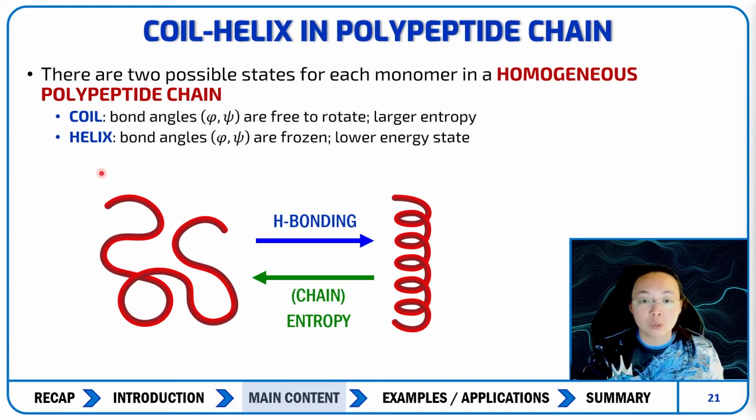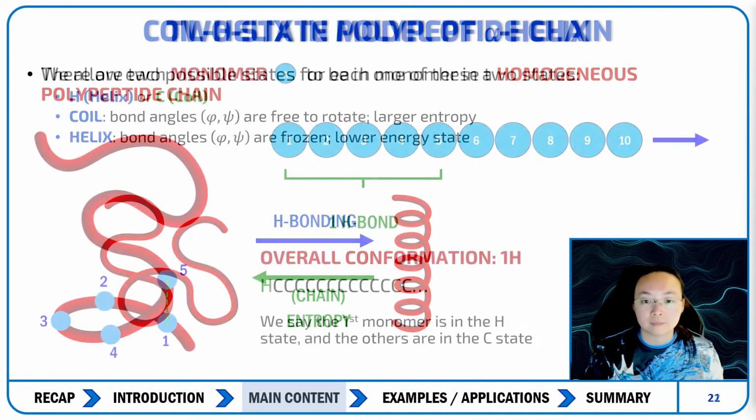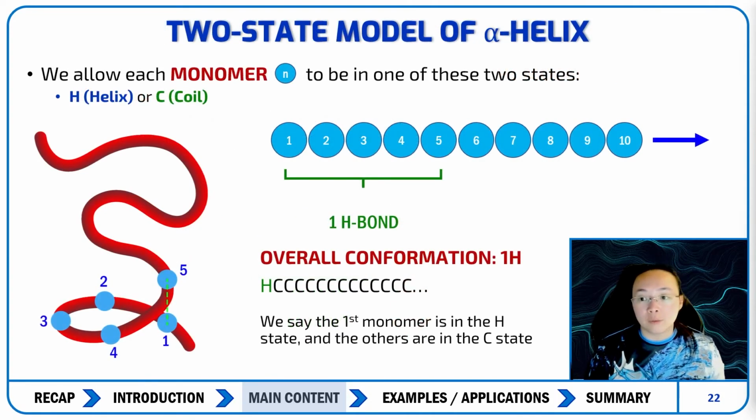So starting from coil form, so disordered form, if we want to introduce some order to the system and create a helix, we're going to have to introduce some hydrogen bonding between different subunits within this coil. So it's starting from there that we can do all this modeling. So how do we do this?